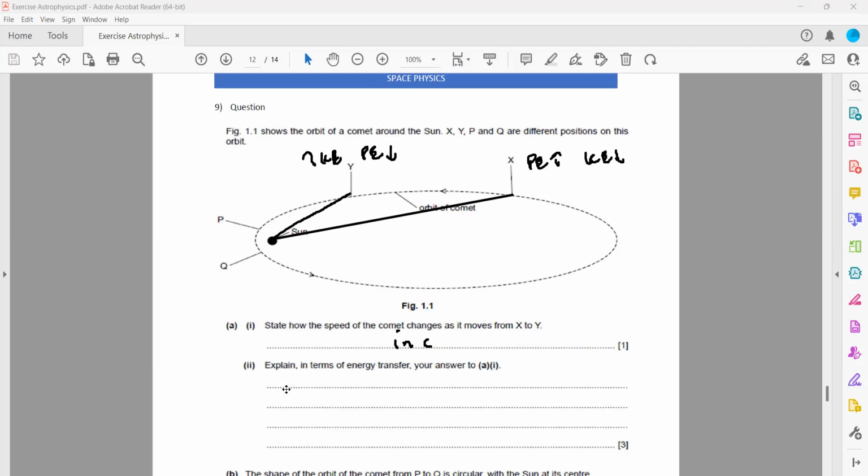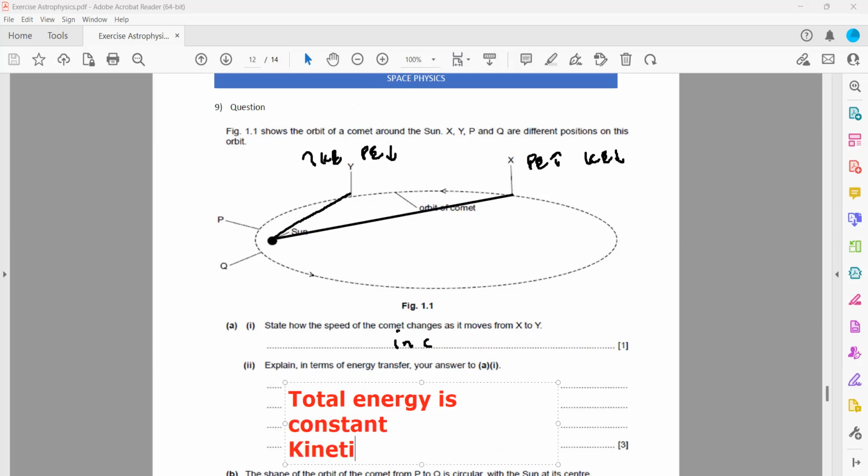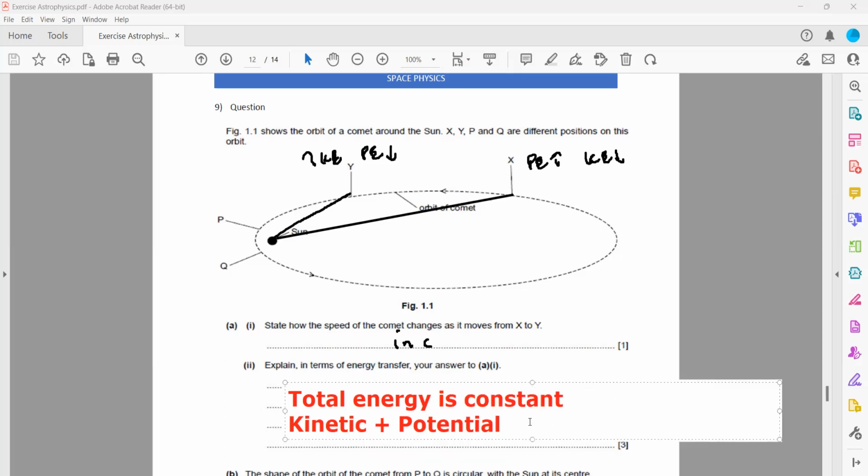So first we mention the total energy is conserved, which is kinetic plus potential. Then at X it has higher potential, so smaller kinetic, but at Y, as it is closer, smaller potential, so higher kinetic. That's why the speed increases.